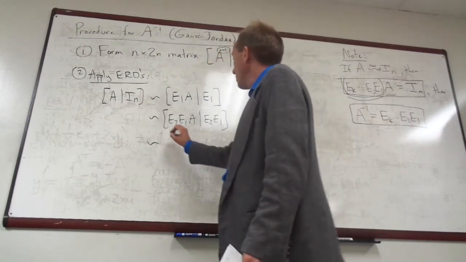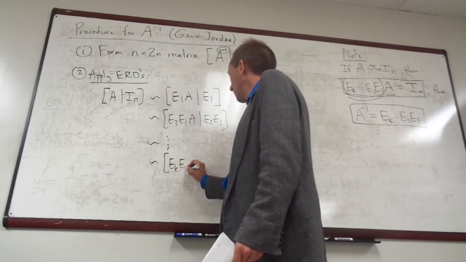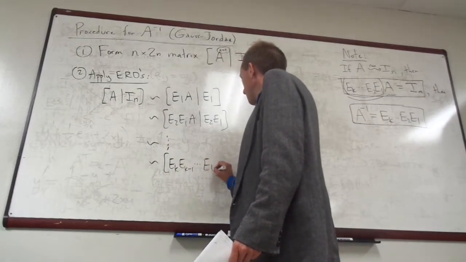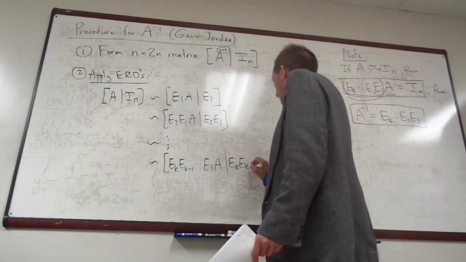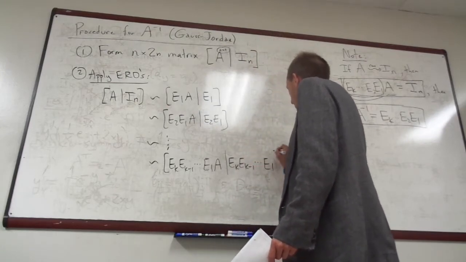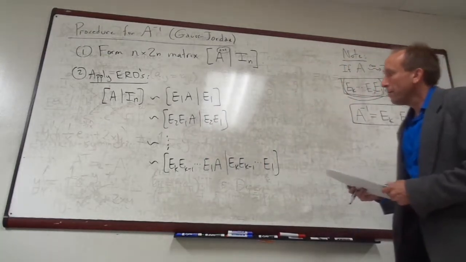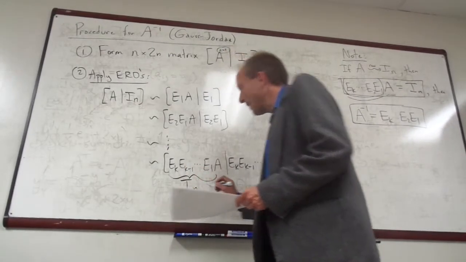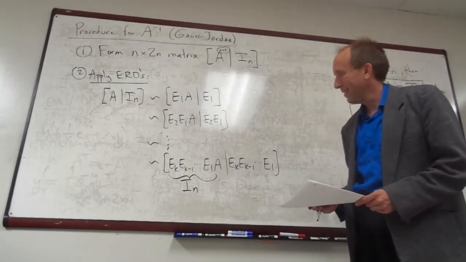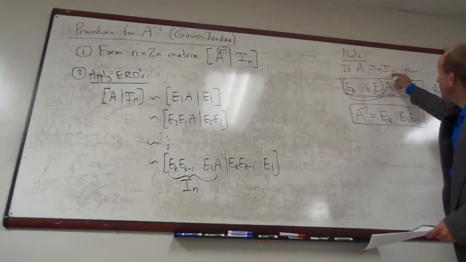So you just keep doing this. Let's say we've done a few EROs, and what we end up with looks like this. We've applied these EROs throughout the entire expression. If on this side we are able to get to the identity matrix, that's what this definition says: A is row equivalent to the identity.